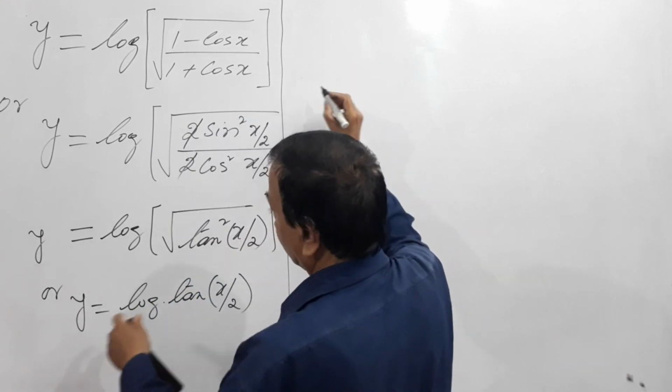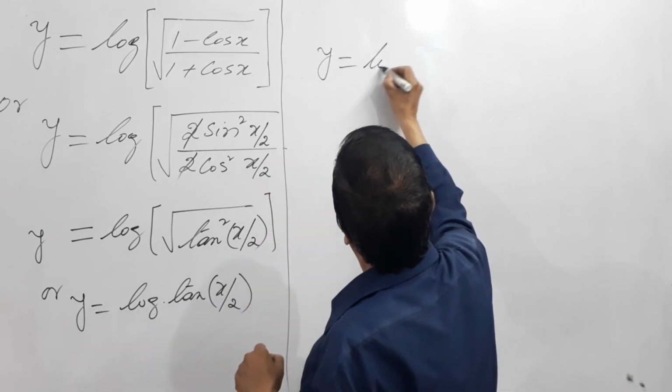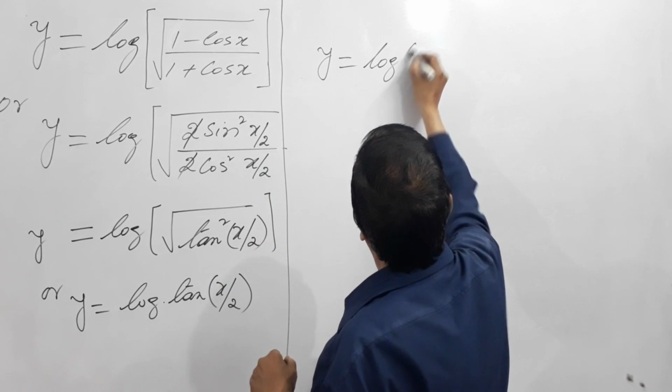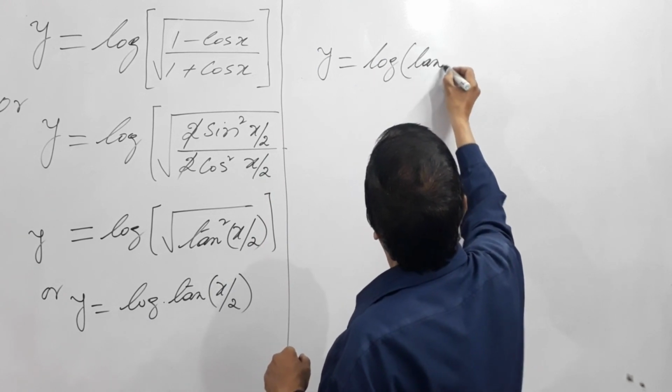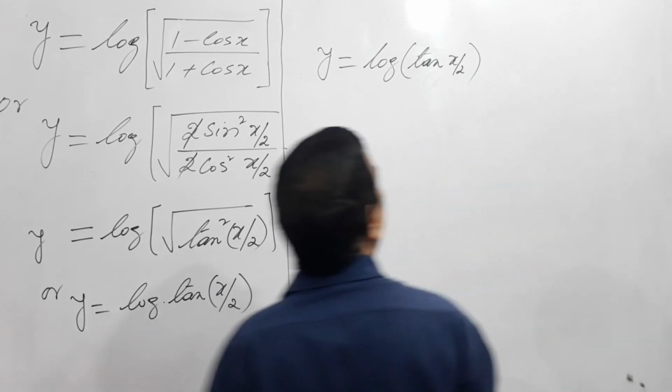So we have got y equals log of tan x by 2.